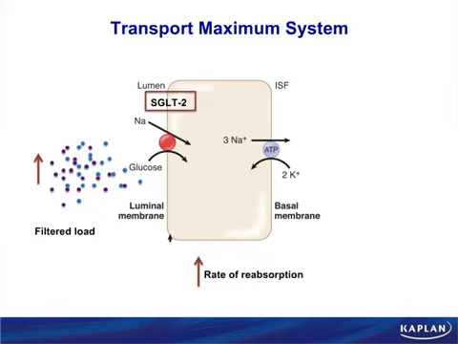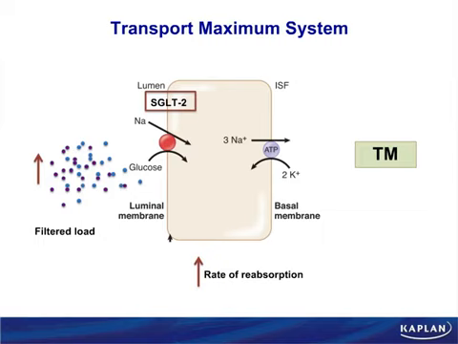Now, once they become saturated, you continue to reabsorb glucose, but you reabsorb glucose at a constant rate. That constant rate of reabsorption of glucose is known as transport maximum. So, again, transport maximum is a constant rate of reabsorption of glucose.